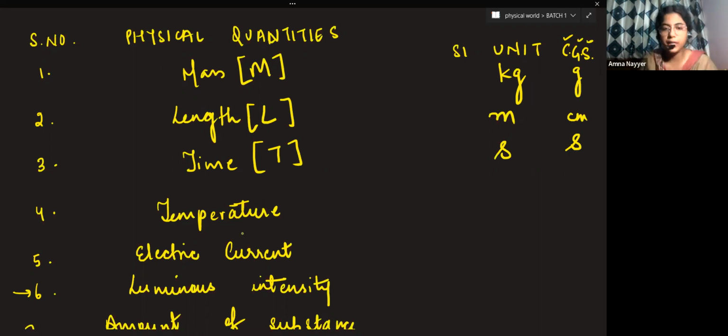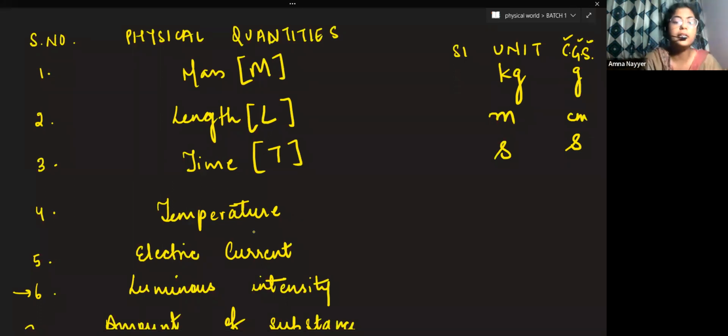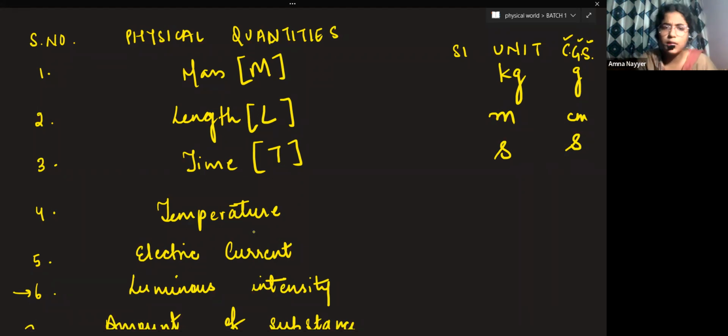Then we have temperature. How to deal with temperature is provided in Part 2 of the class 11th NCERT, where you have the whole unit of thermal physics that includes thermodynamics, thermal expansion, and all these things. When we reach Term 2's lessons, we'll discuss that. So temperature is basically heat.